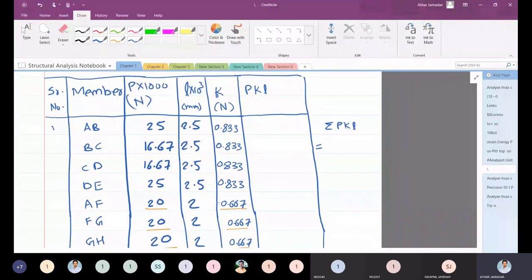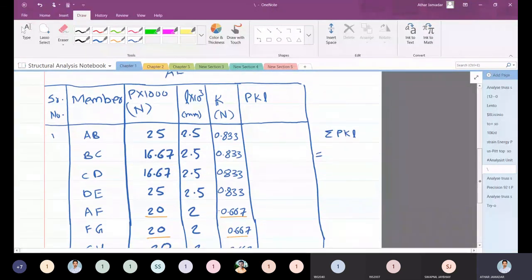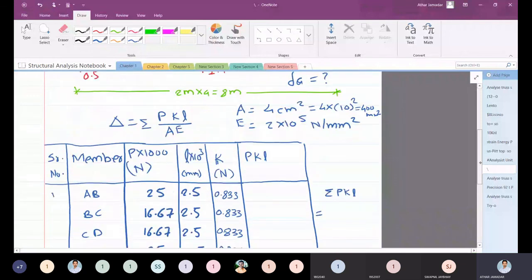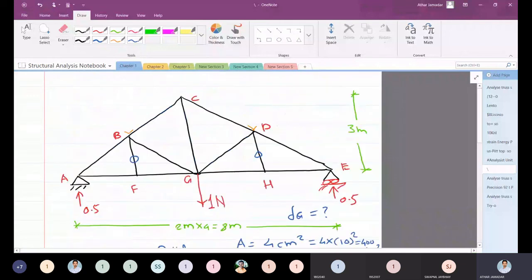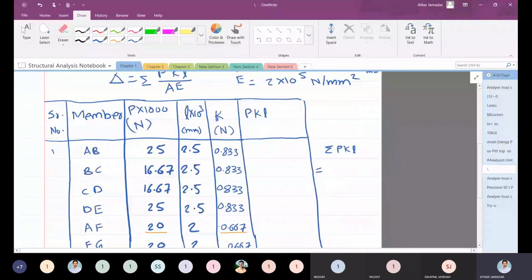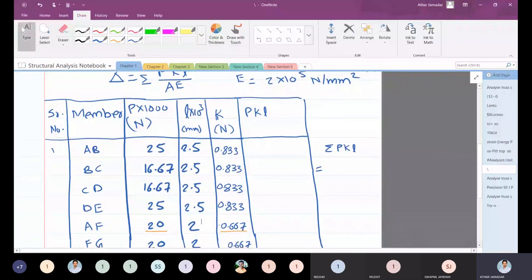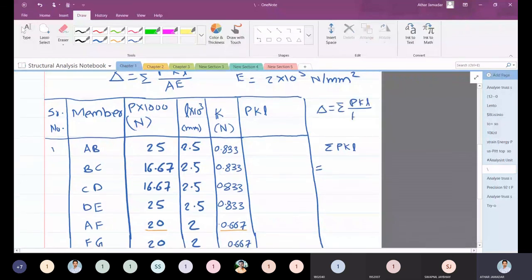Okay, now in the problem it is given that for the entire truss, area is 4 centimeter square and E is 2 into 10 raised to 5 Newton per mm square. So we don't need to multiply each member with that, we don't need to divide for each calculation by AE, because we know that delta, that is deflection, is equal to summation of PKL by AE.